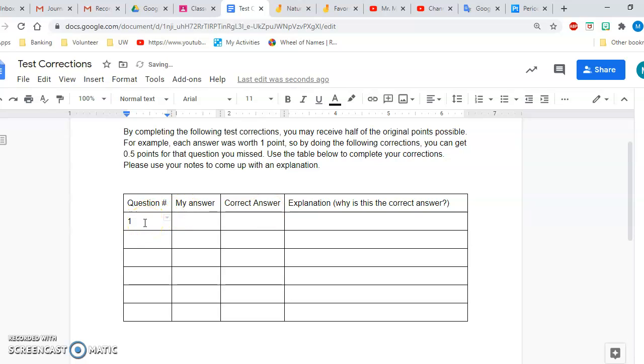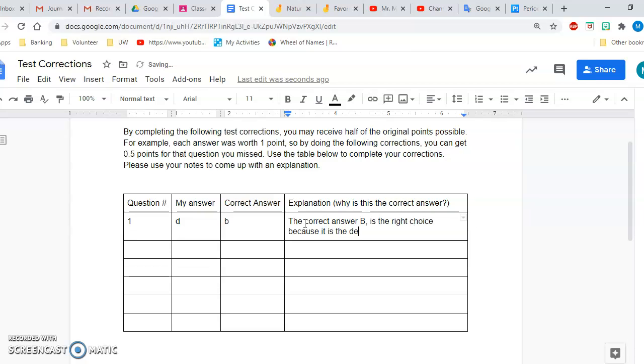So for example, if I missed question 1, I would say question 1, my answer might have been D when the correct answer was maybe B. I don't know if this is correct. This is just an example. And then maybe my explanation is the correct answer B is the right choice because it is the definition of a compound.